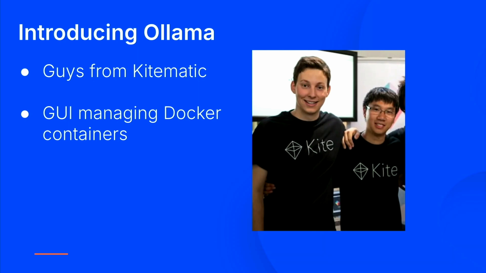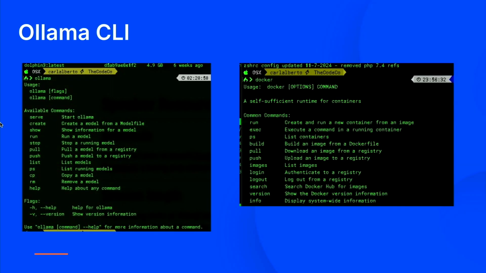They had a GUI manager for Docker containers, and their product was later acquired by Docker. So you could see that Ollama and Docker have some similar commands in there. Somehow it's like containerized models.